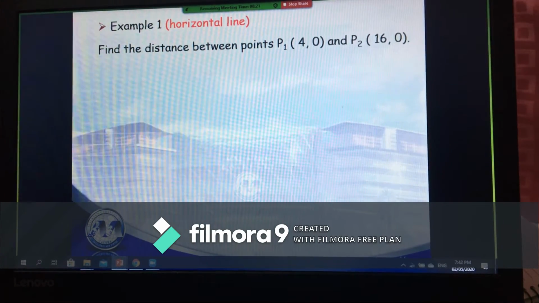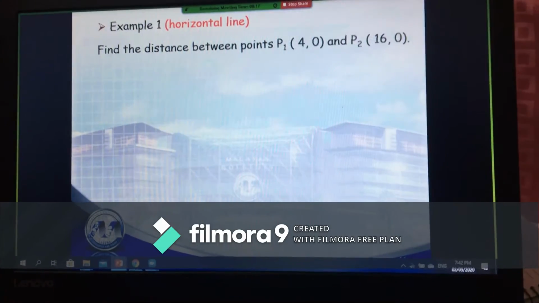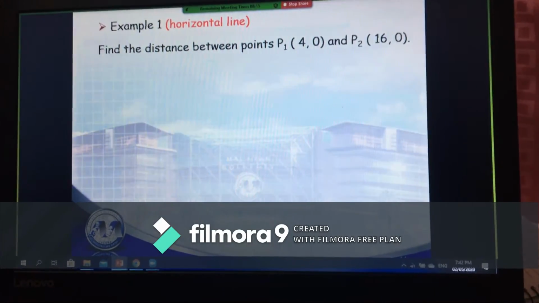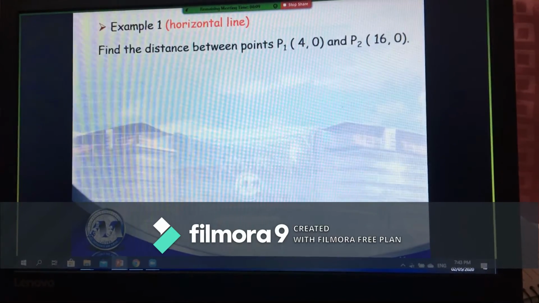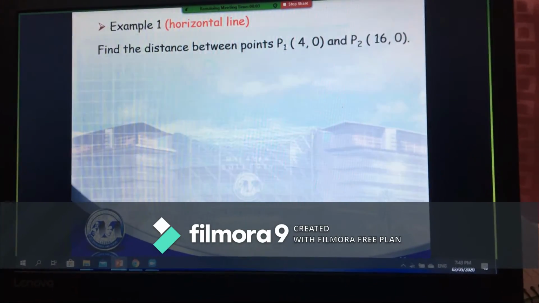Based on our discussions, class. Any answer? Patricia? What's the distance or what's the length between P1 and P2?